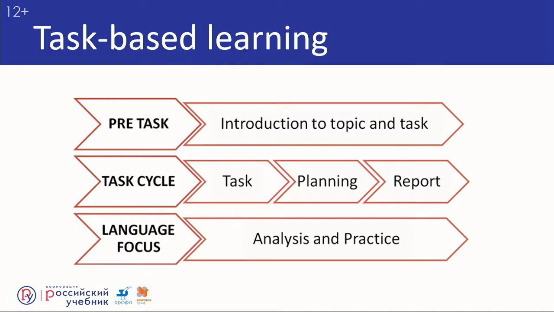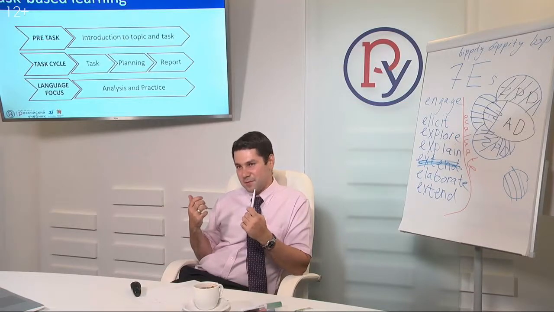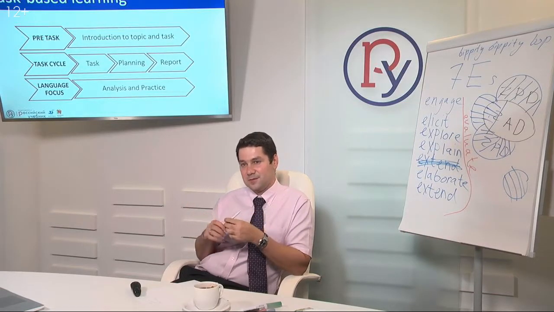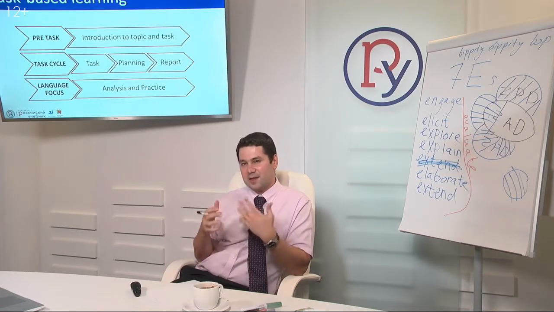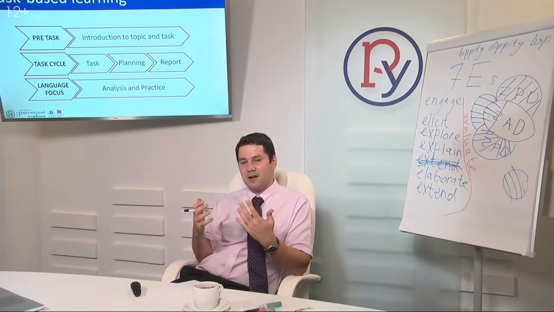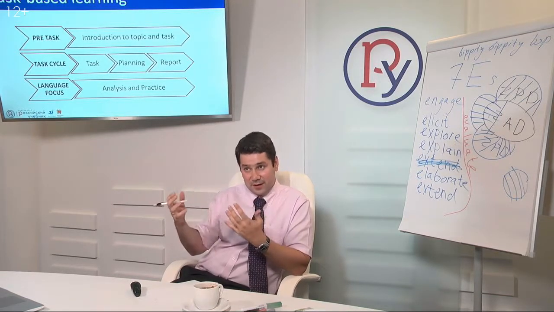And here is one of the tasks that your students have to perform in real life in the Russian state exam. This is writing a letter to a friend. Now, if you think about this task, I bet it's pretty far from the real life of our students. Most of our students don't really write letters. What they write is emails. So at the introduction stage, you can think of writing an email to an English friend.